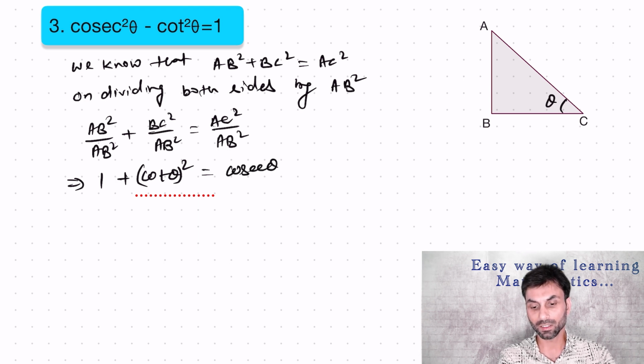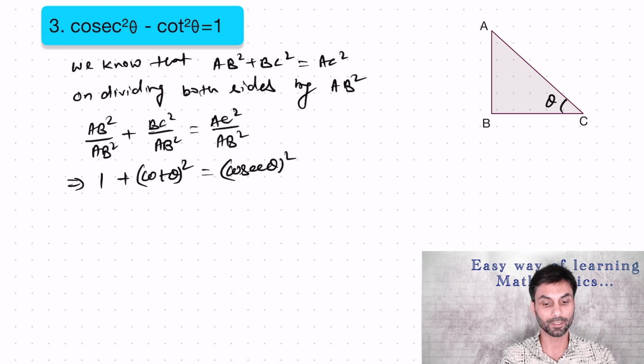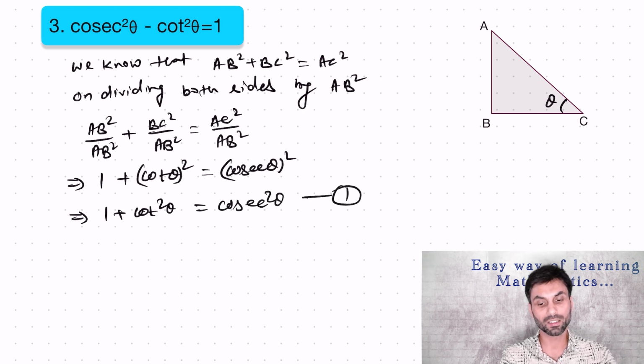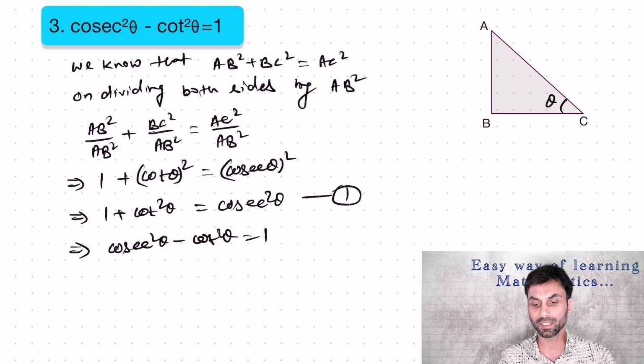We can write it as cosec theta whole square. Now this can be written as 1 plus cot square theta equals cosec square theta, and this is the identity we need to know. If you write it also as cosec square theta minus cot square theta, we'll write it as 1.